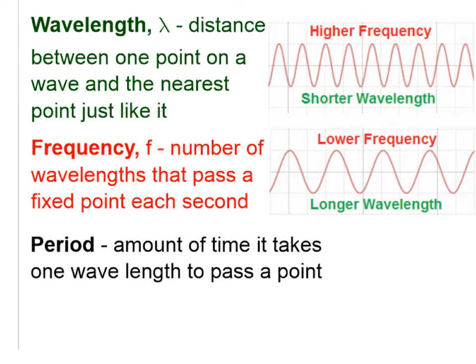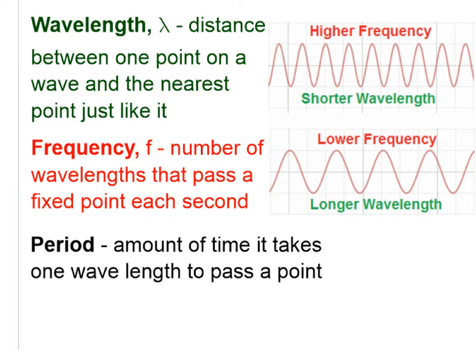Frequency is another property that basically means the number of wavelengths that pass a fixed point each second. Another way to remember it is how frequently do the waves go past that point. It would be some number per second. It's measured in inverse seconds.